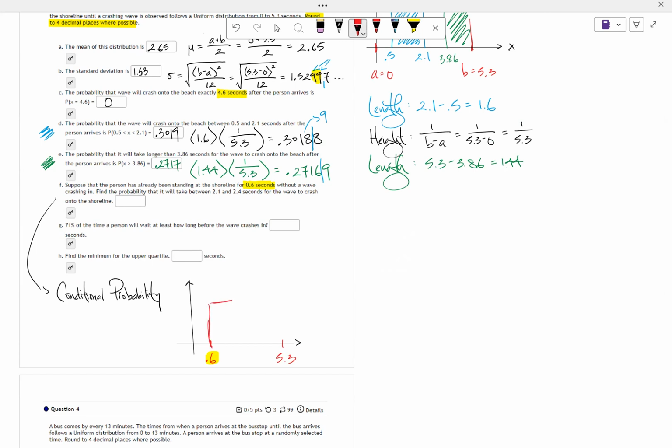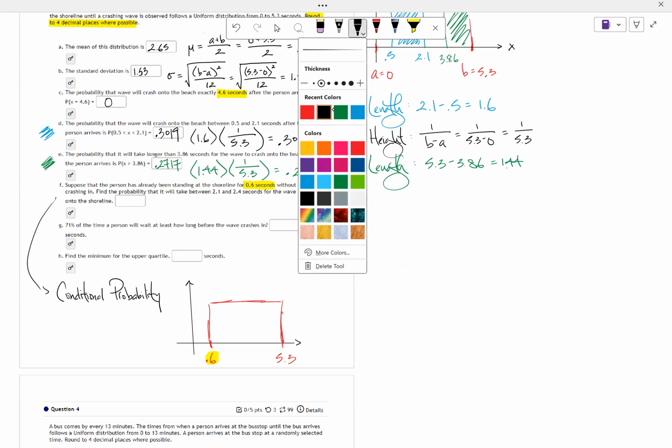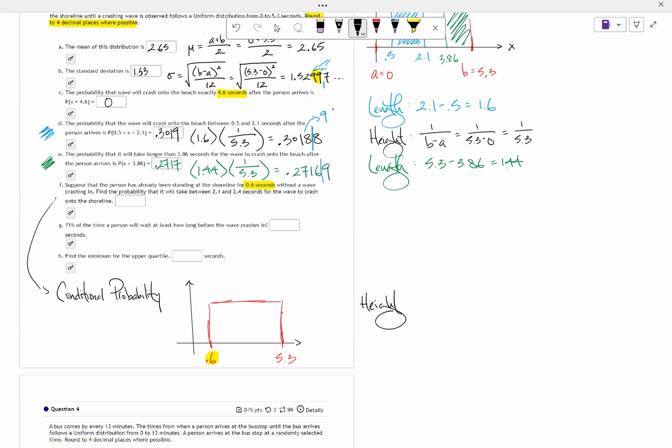And same thing, I'm going to draw a rectangle here. The height of this rectangle I can find the same way as the other ones. The height is going to be 1 over b minus a, which is now 1 over 5.3 minus 0.6, which is 1 over 4.7.